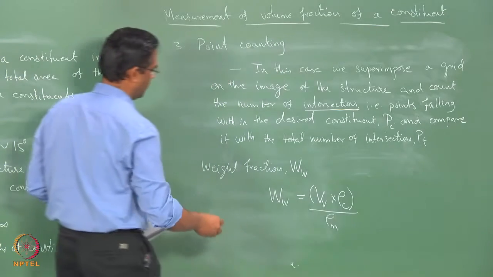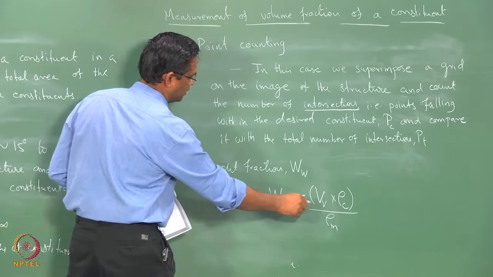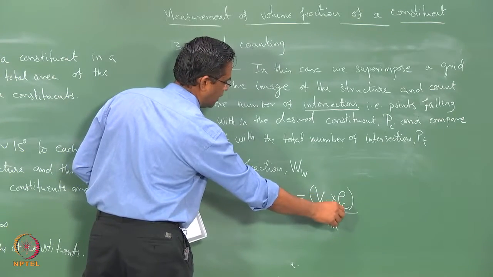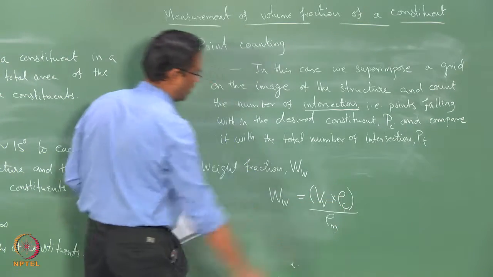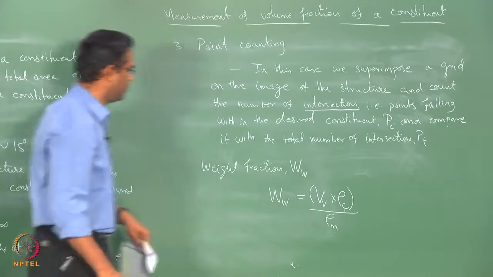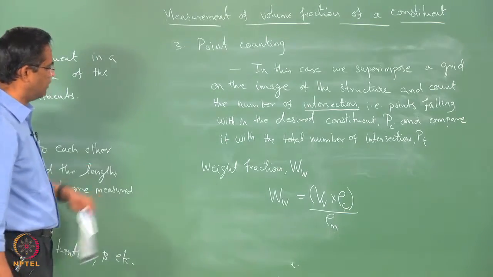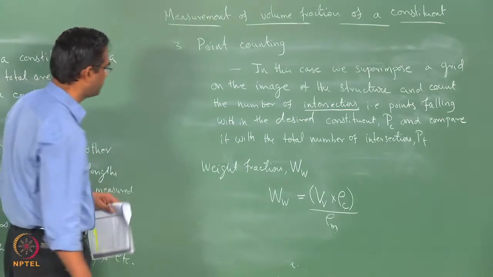So, we have W_W, that is the weight fraction. This is V_V into rho_C divided by rho_M, where rho are the densities of the constituent and the matrix. So, we can also find the weight fractions if you have the data with you.